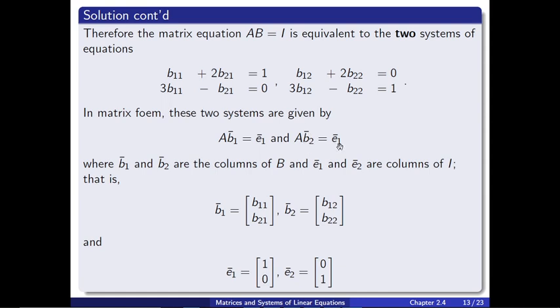So what is B1? B1 is B11 and B21, right? And in this case, B2 will be B12 and B22. And E1 obviously is the vector 1, 0, and E2 is equal to the vector 0, 1.